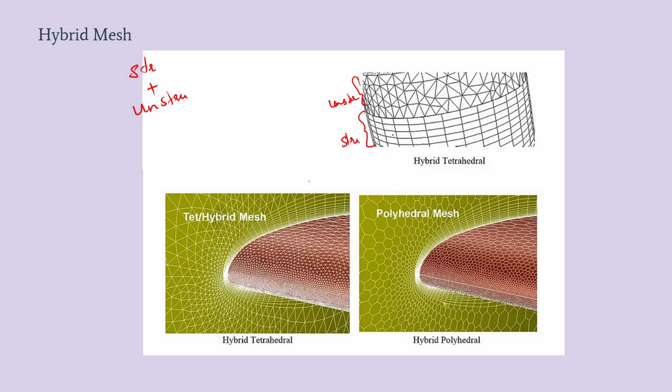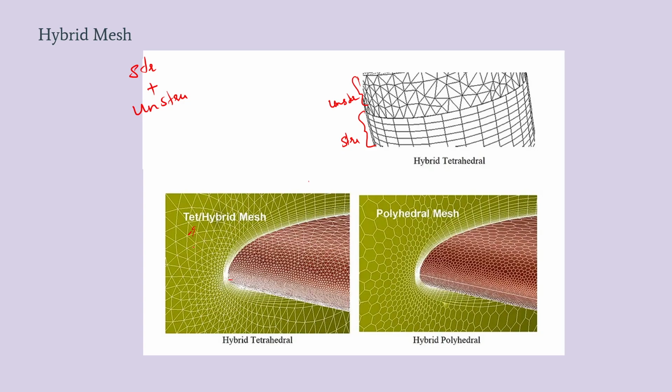This is a rectangle, sorry, the hexagonal and tetrahedral combination. So here, if you see, this is a hybrid tetrahedral. You can see the domain. This is an aerofoil or airplane wing.